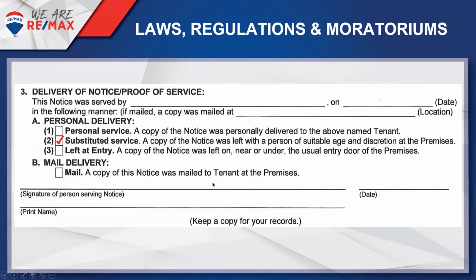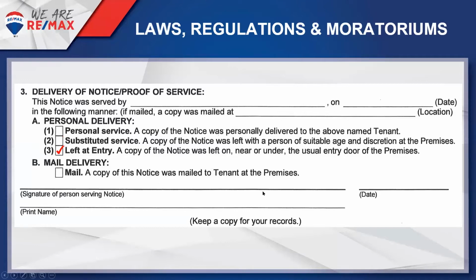You can give the notice to any adult person, of suitable age, who's at the property and has discretion over use of the premises. So you can do a substitute service, give it to any occupant, not just the one that's on your lease. That's important where maybe a roommate's been added to the tenancy, but not on the lease. Well, you can give it to the roommate, or you can leave it at the door.